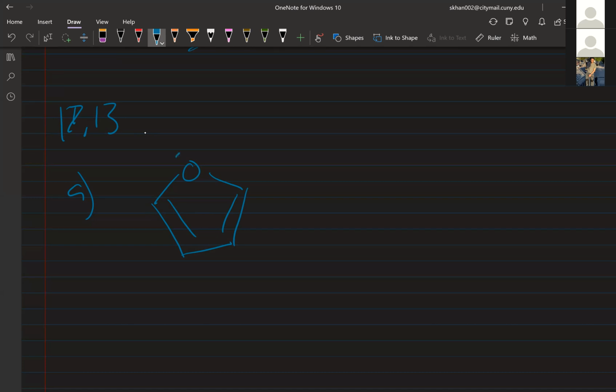So here we have this molecule. This is furan. Pretty sure it's furan. So if you want to look this up, this is called furan.